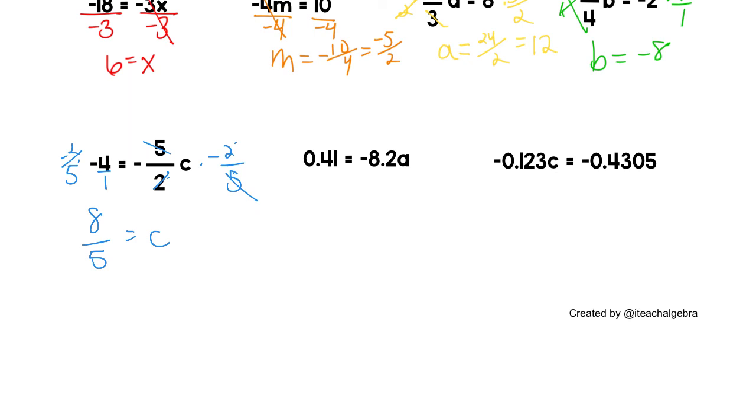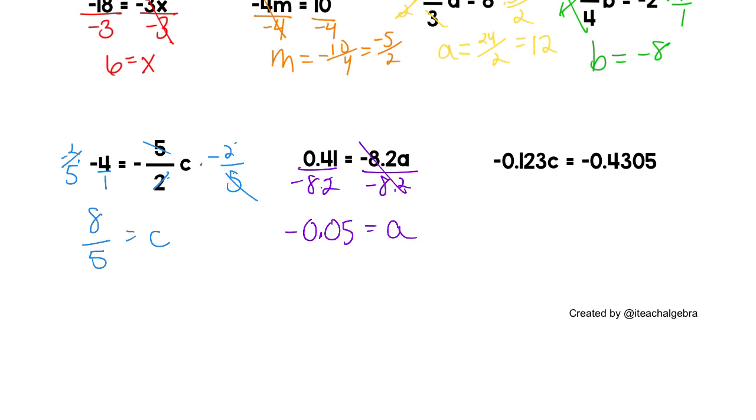Okay, 0.41 equals -8.2a. Well, multiplying by a, opposite of that is divide by -8.2. Going to require a calculator for that guy. 0.41 divided by 8.2. So this is -0.05 equals a.